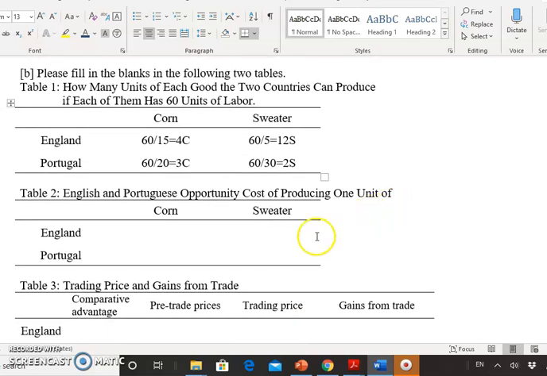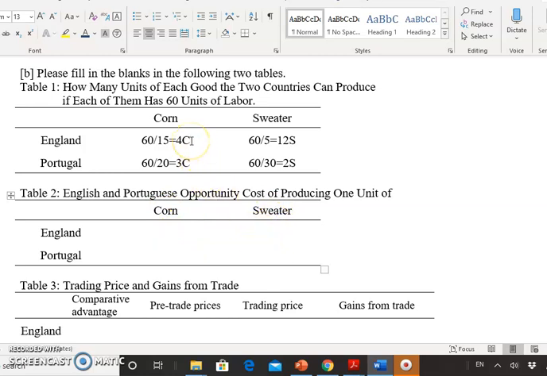Okay, and the second table, we're trying to figure out the opportunity cost of producing 1 unit of corn or sweater. Okay, so we're looking at, to be able to produce 1 corn, how many units of sweaters England has to give up. Okay.